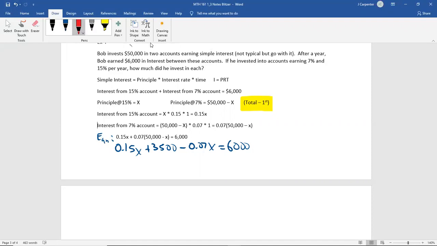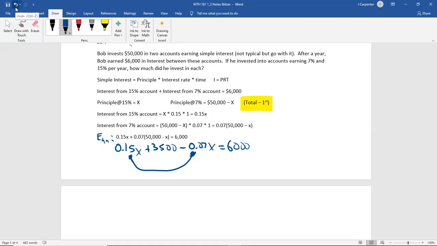I see decimals, so let's go ahead and find our LCD. Some of you might want to go ahead and combine those like terms. You certainly can. There's no problem with that. So I could do my LCD now, which is going to end up being 100 because 2 decimals, that's the most. Or I could wait, and I am actually going to wait this time, just one time, because I know a lot of people will want to combine like terms. 0.15 minus 0.07 is going to be 0.08.